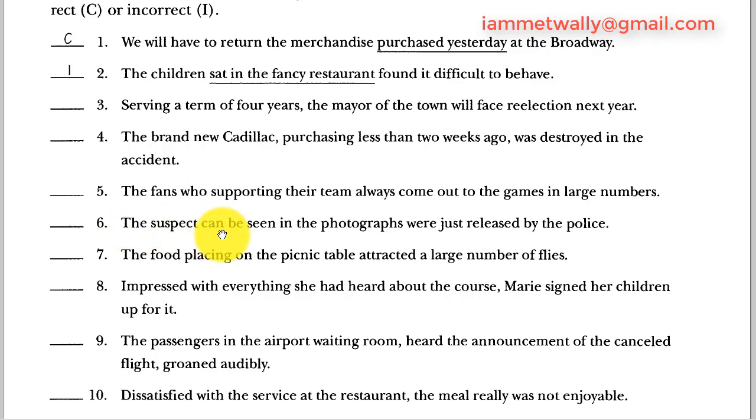6. The suspect can be seen in the photographs were just released by the police. The suspect is the subject, can be seen, this is the verb. In the photograph, I'm talking about the photographs, were just released. Which were just released?